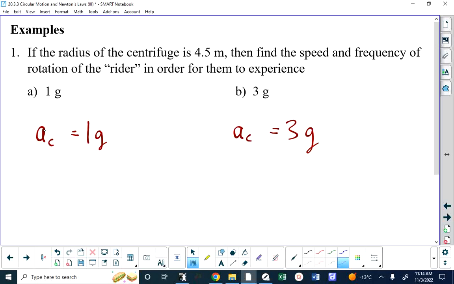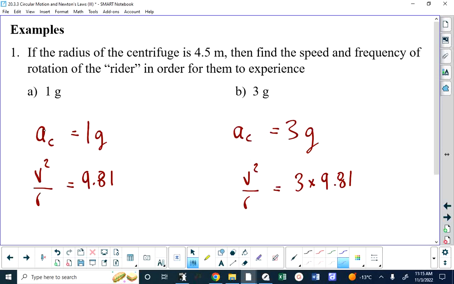I don't mean to just hand wave it away as if we're done. We're not. But what this means is v squared over r has to equal 9.81. Here, v squared over r would have to equal 3 times 9.81. But rather than, no, I won't do that yet.